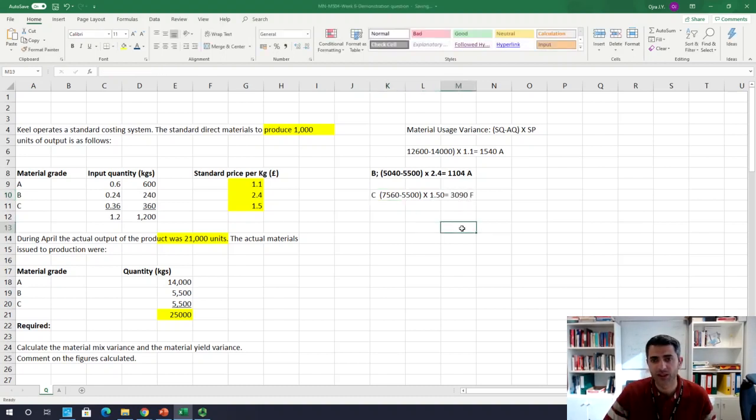Why is it favorable, guys? It's because the actual kilogram used is less than the standard. That's why it's favorable.